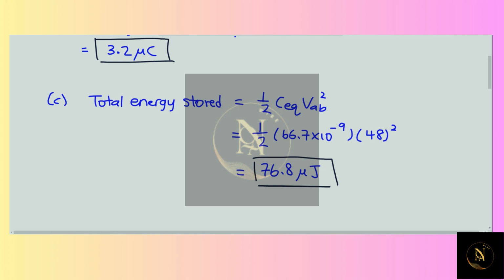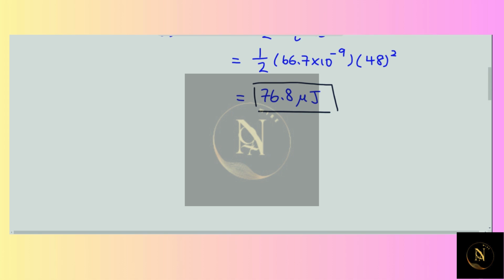Next we will find the energy stored in each capacitor. The energy stored in C1, we will use half Q squared over C1. Because the Q are the same for both capacitors, using this version of the formula makes it very easy to calculate the energy stored.